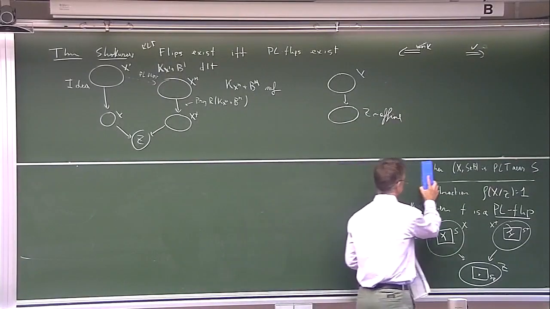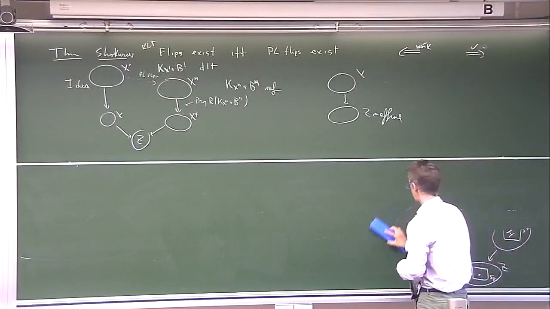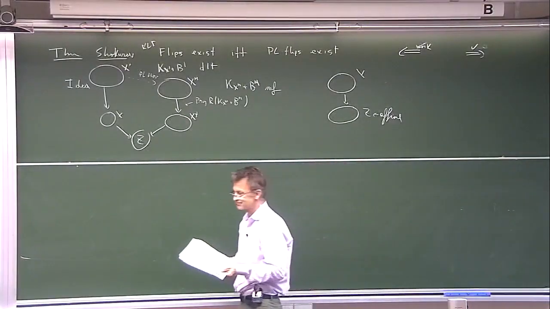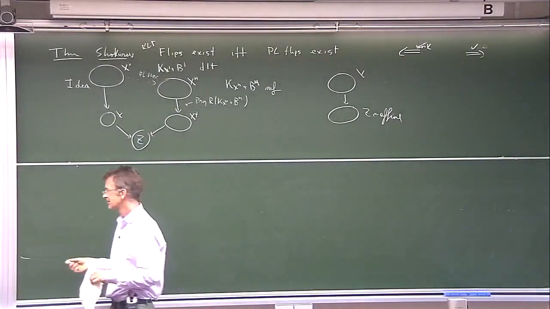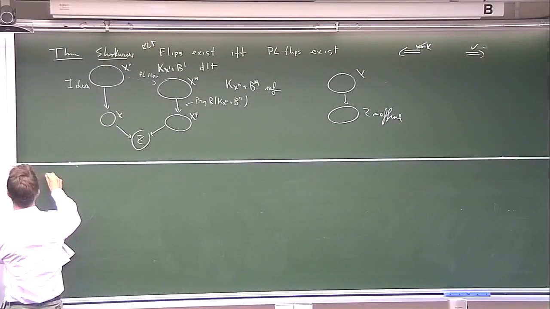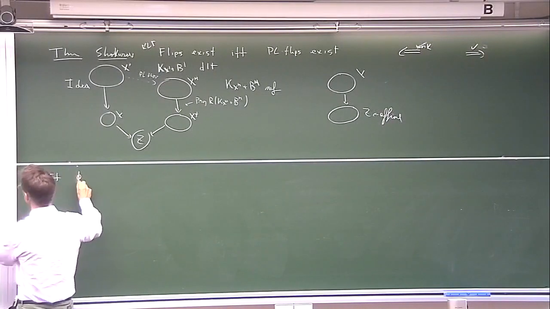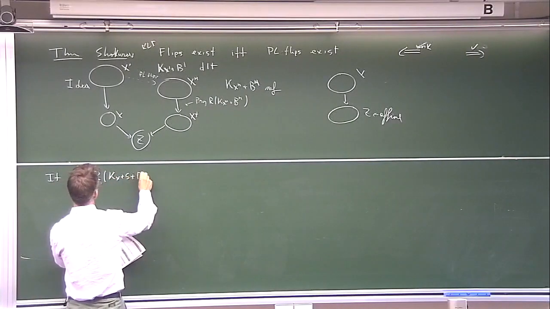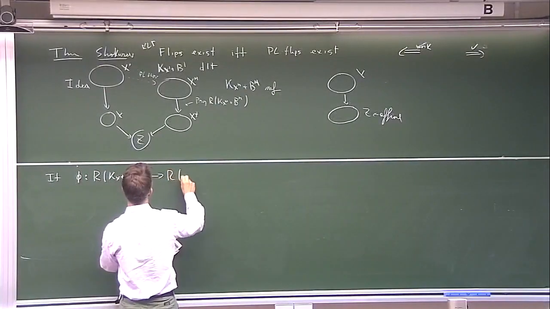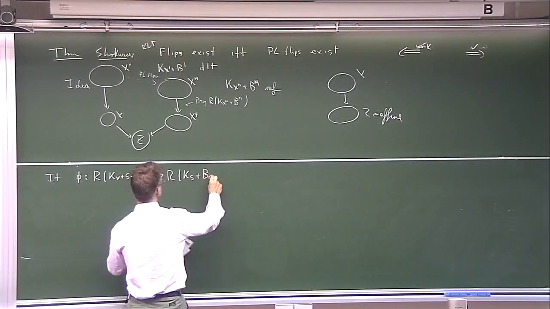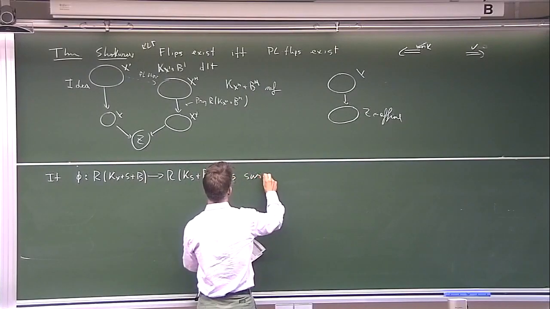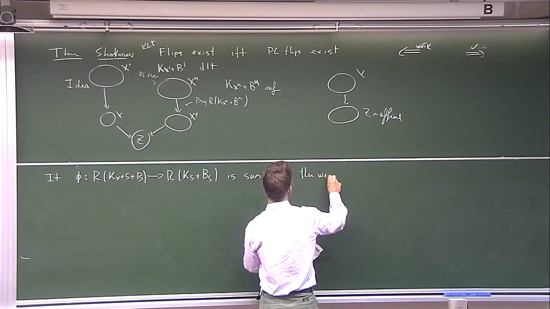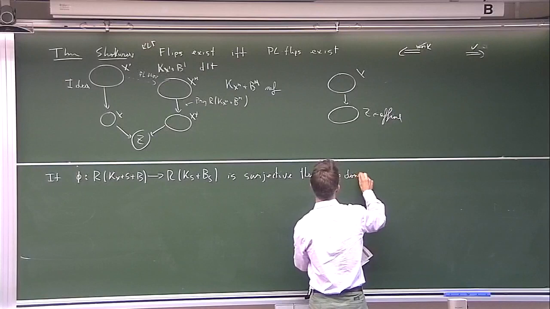Now, I'm sure Shokurov got very excited when he saw this, because it would be human to say, if phi from R_k(X, K_X plus S plus B) to R_k(S, K_S plus B_S) is surjective, then we are done by induction.